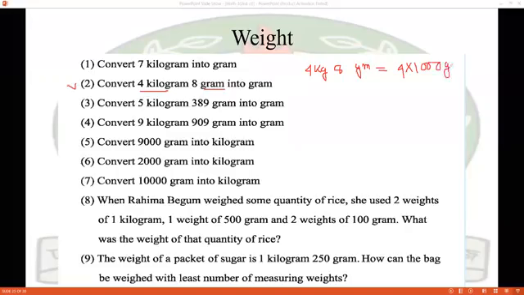This is also gram. Then we have to add 8 gram. So it will be 4000 gram plus 8 gram. So it will be 4008 gram.